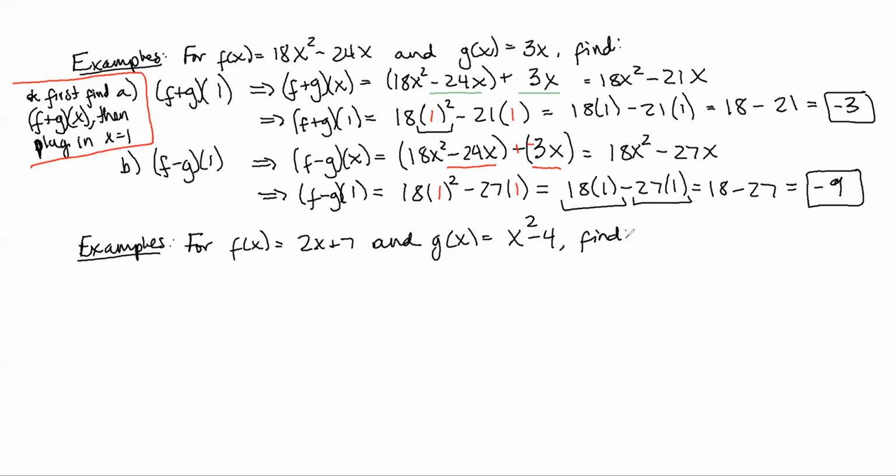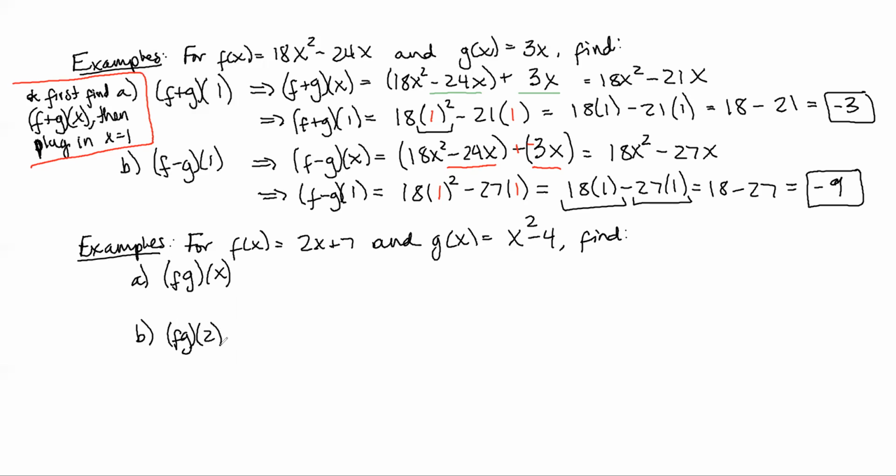And we're told to find part A, f times g of x, and then part B, we're told to find f times g of 2.